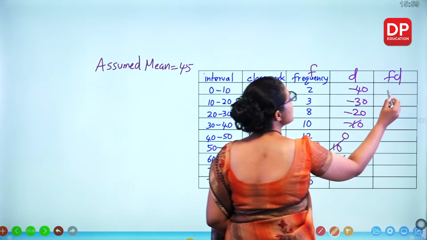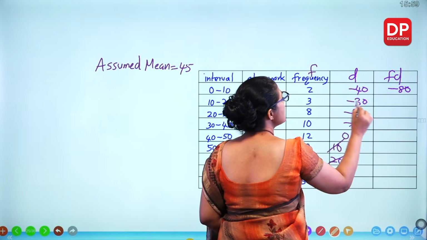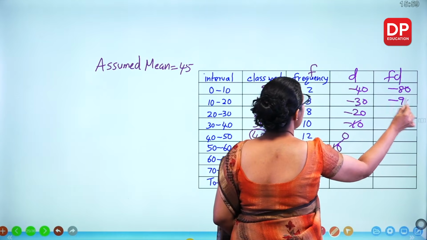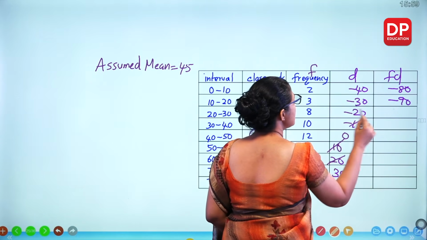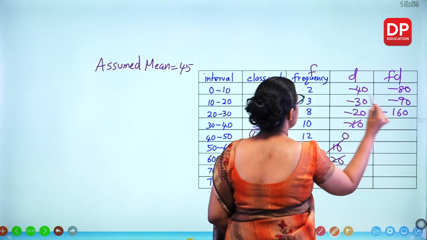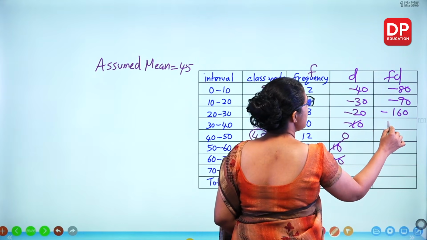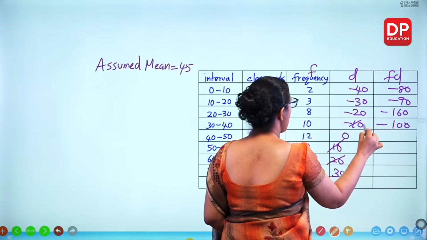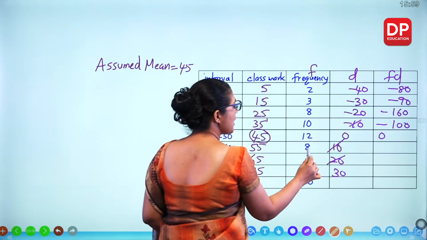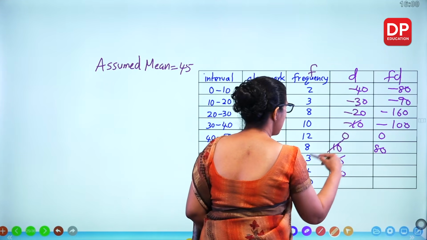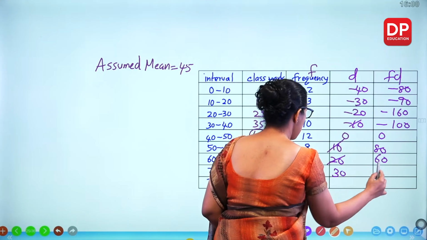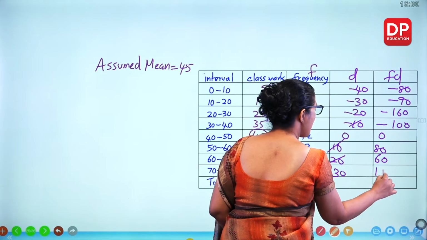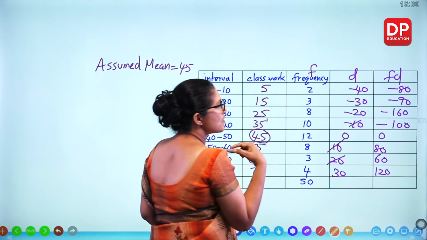2 times minus 40, minus 80. 3 times minus 30, minus 90. 8 times minus 20, minus 160. 10 times minus 10, minus 100. This is 0. 8 times 10, 80. 3 times 20, 60. 3 times 40, 120. Those are the values.